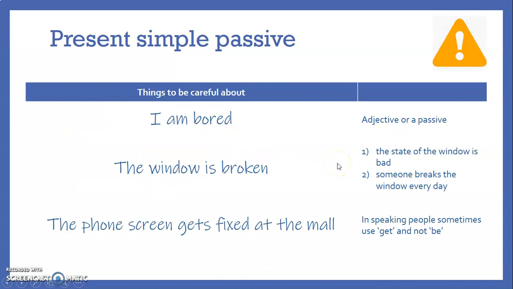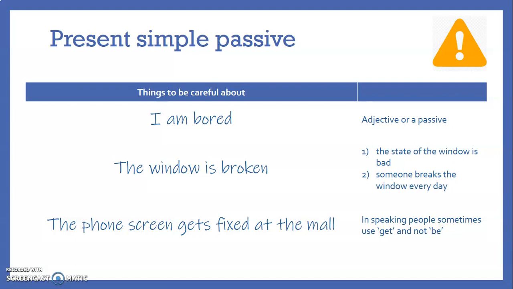Things you need to be careful about. I am bored. This could be an adjective or a passive. You could be bored in general, but you could be bored by someone or something, a film. The window is broken. You could be saying that the state of the window is bad. It's cracked, it's smashed. Or you could be saying that the window is broken every day.